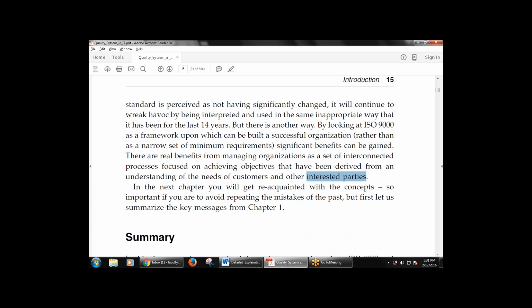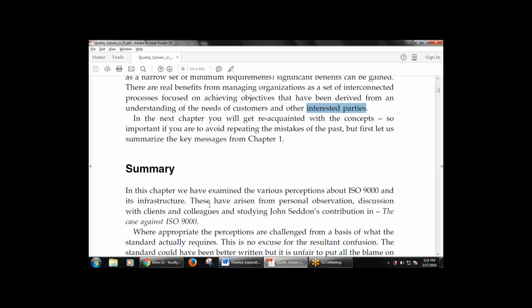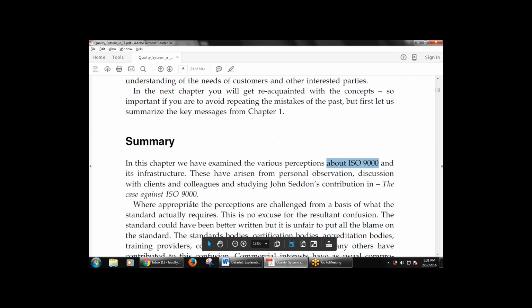But first, let us summarize the key messages from chapter number 1. In this chapter, we have examined the various perceptions about ISO 9000. That means we have talked about the various perceptions and concepts about ISO 9000 and its infrastructure.